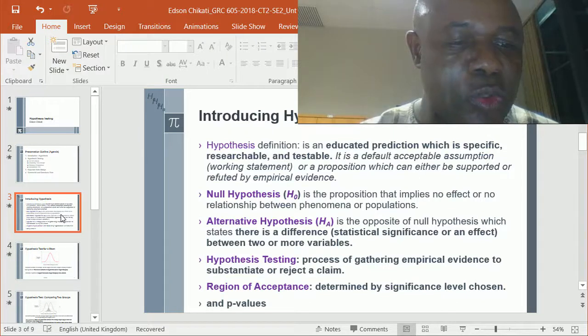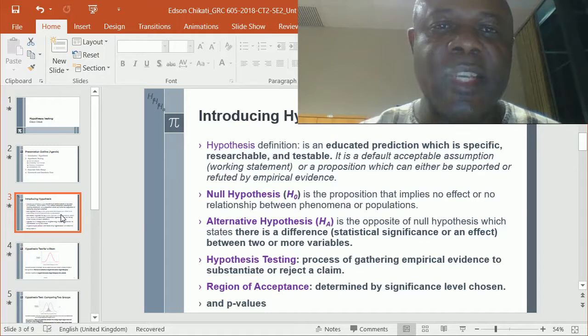There are also two important concepts, namely confidence level and significance level. The researcher determines the confidence level upon which he will accept or reject the level of evidence that he is going to get from the research results.